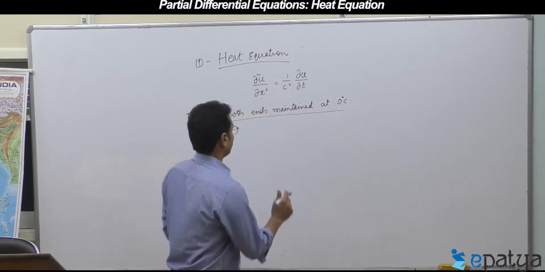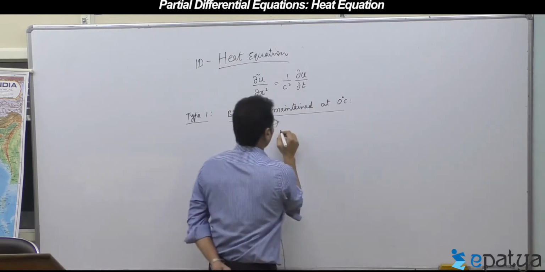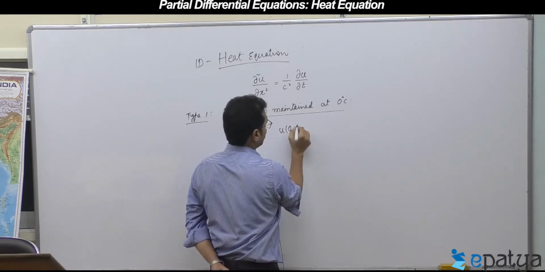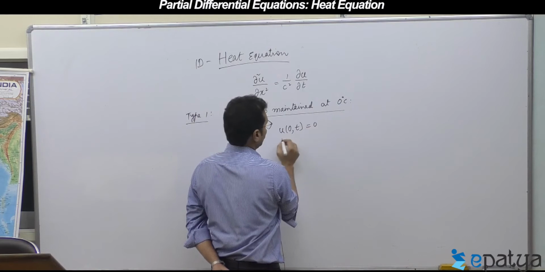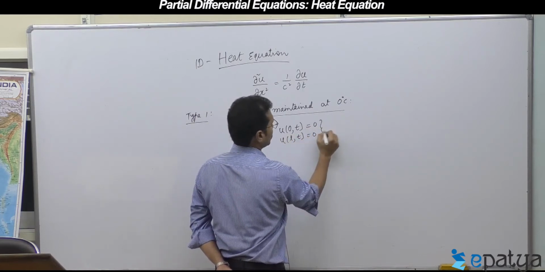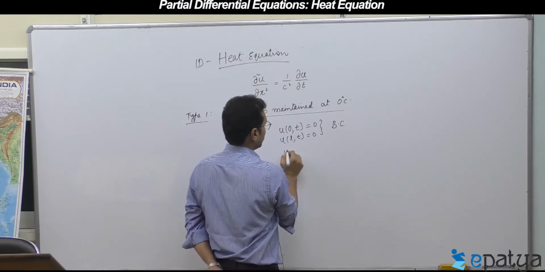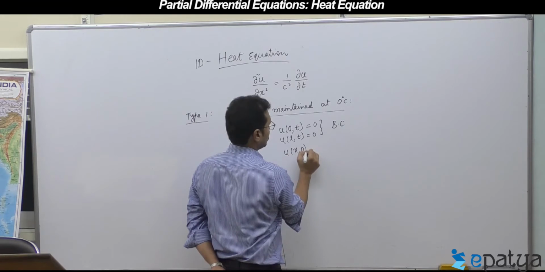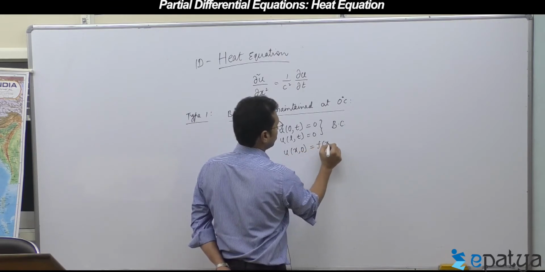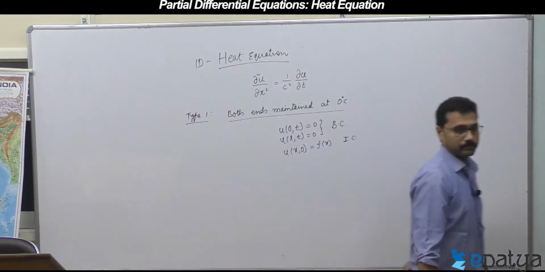So quite obviously the conditions would be u of 0 comma t is 0, and u of L comma t also is 0. These two we call boundary conditions, and one initial condition is there, u of x comma 0 equal to f of x.